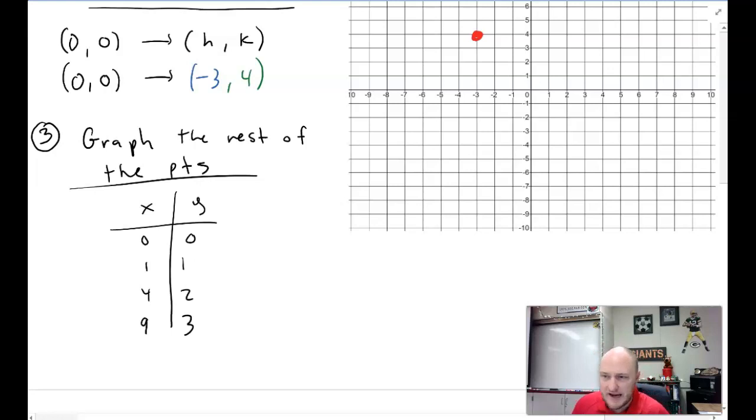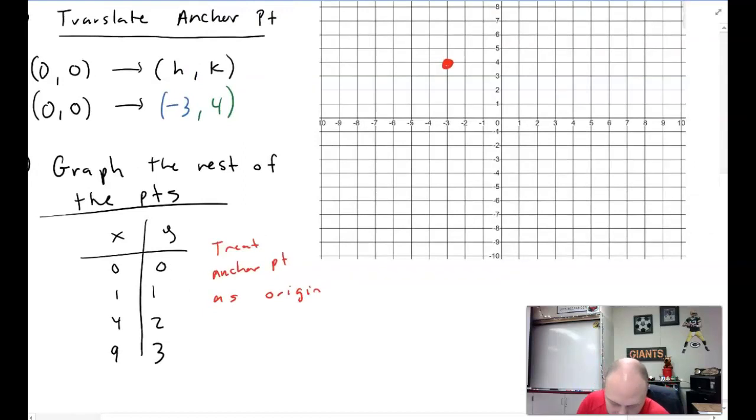Okay, and I'm going to treat the new anchor point as my origin. And I'll put a note here. So treat anchor point as the origin.